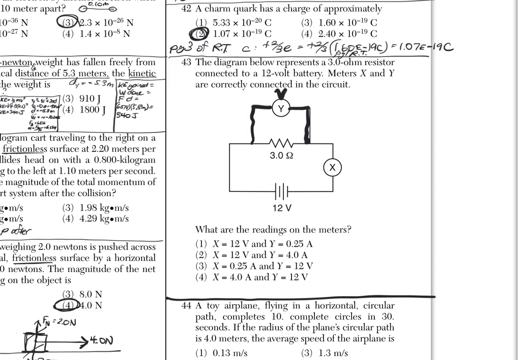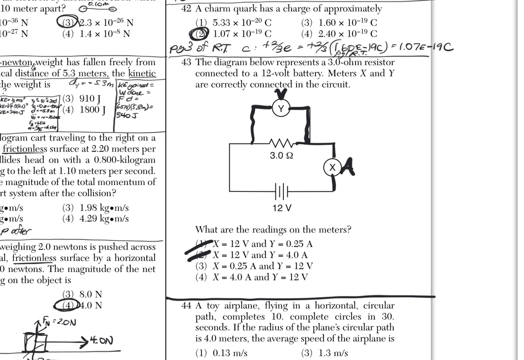And then the X is in series, kind of holding hands with the resistor, and so that X right there, that is an ammeter. So X is going to be in amps, so not in volts, so not 1, not 2.